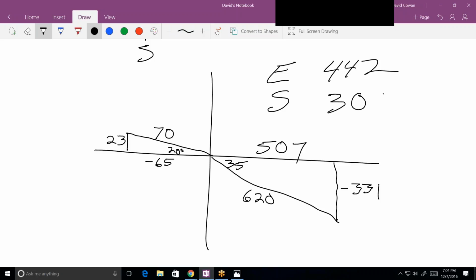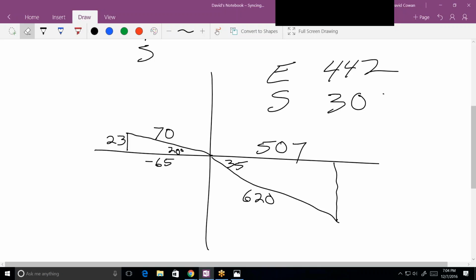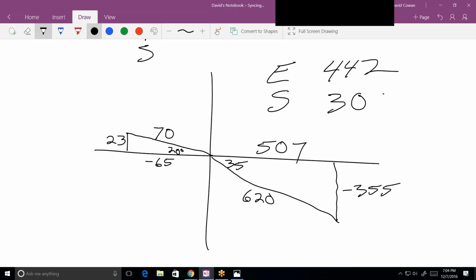That was of the airplane, right? No, the airplane was 355. So I'm going to combine that negative 355 with this 23, and I get a net southerly speed of 332. Okay. So now I have a new triangle to work with.